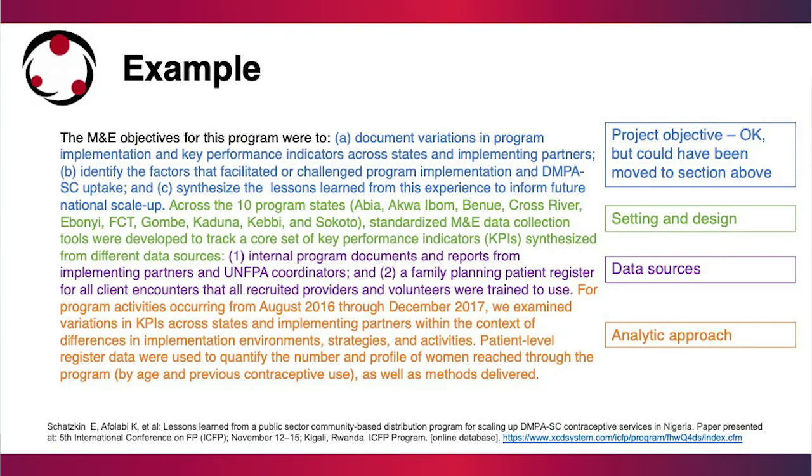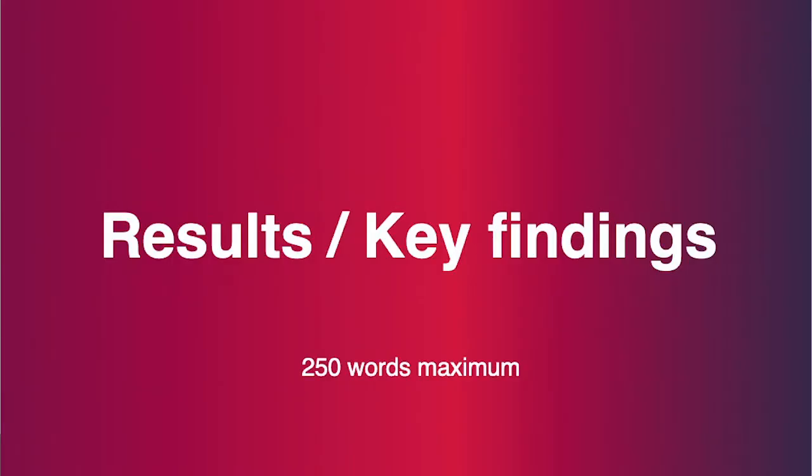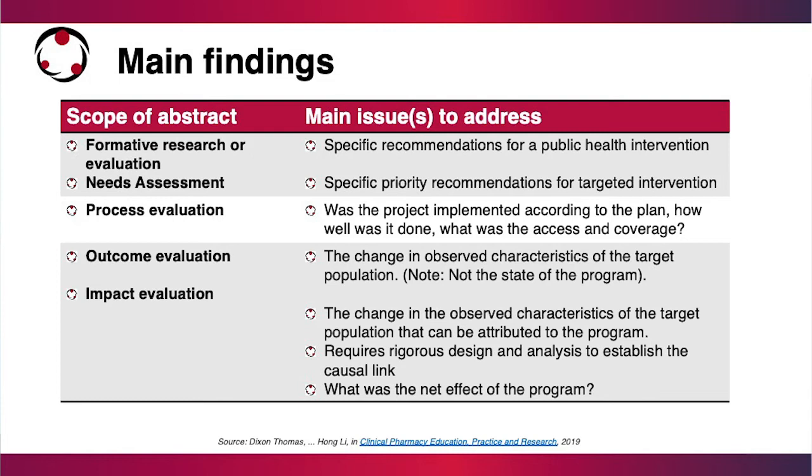Now, let us look at the results or key findings section. This section should be no longer than 250 words. The findings you present will vary by the type of evaluation or the type of program. For example, formative research or evaluation focuses on whether the project was implemented according to the plan, how well it was done, what was the access and coverage.